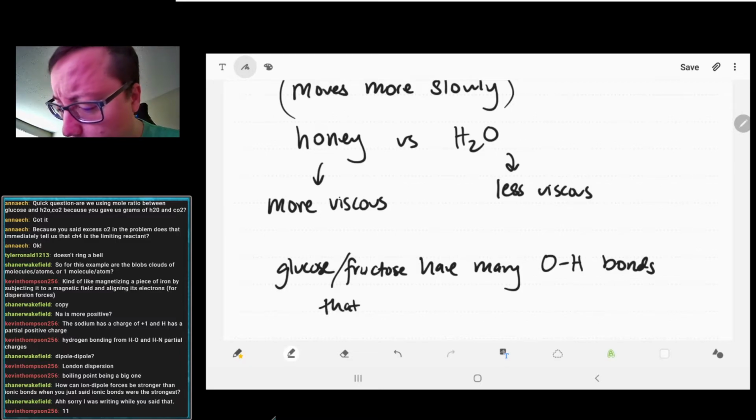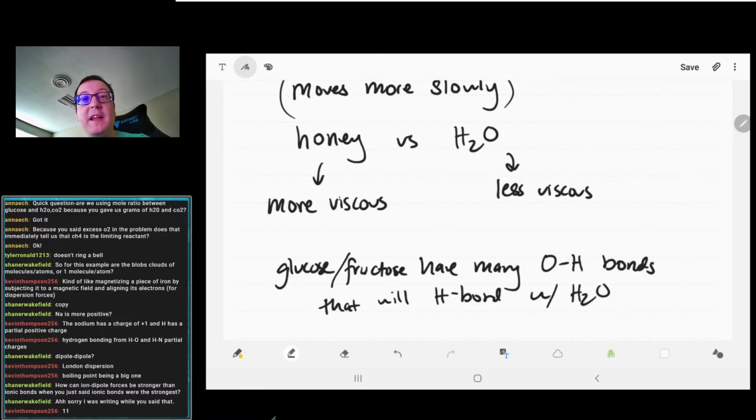You don't need to know this. But that's the reason that honey is going to be more viscous, is because it's made of water and fructose usually, or glucose. And those both have a lot of hydrogen bonding areas that can interact with water very favorably. And so that's why it's going to be more viscous.